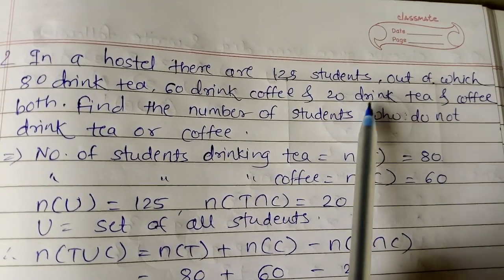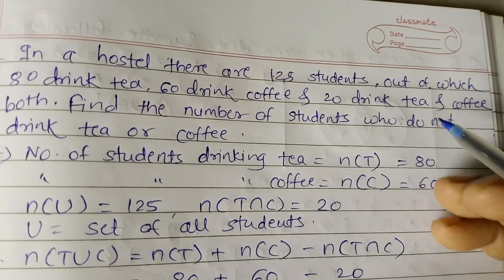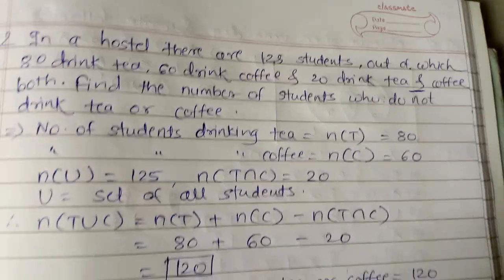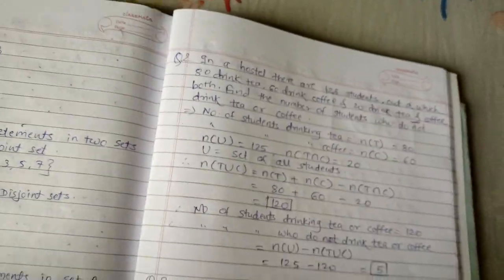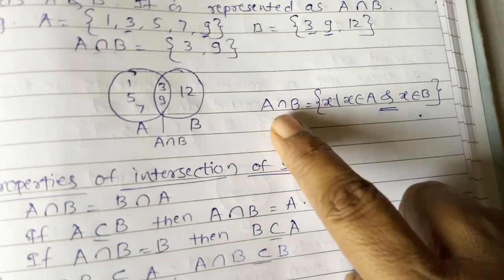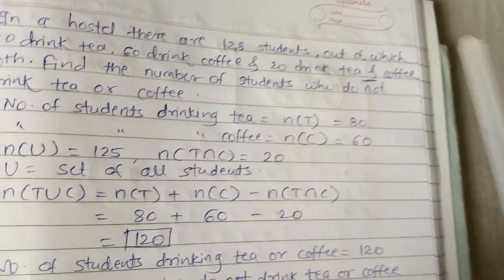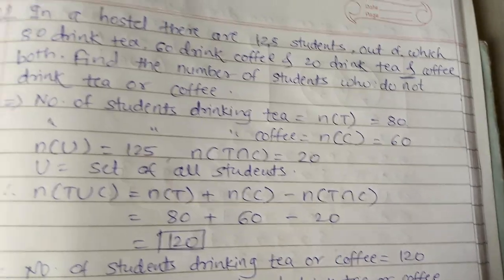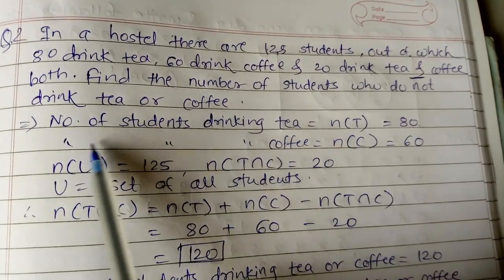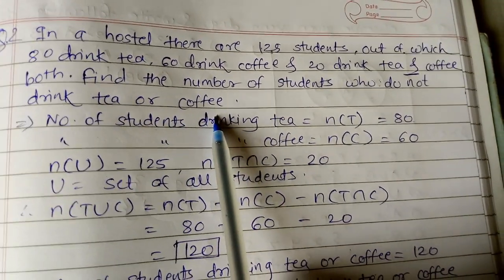Now look here. When we use this word and, I just tell you the definition, it means we are given the intersection of these two sets, tea and coffee. Find the number of students who do not drink tea or coffee.